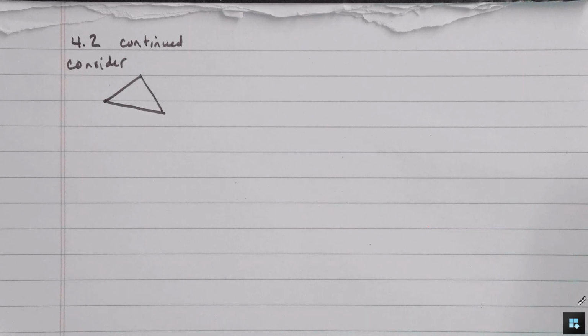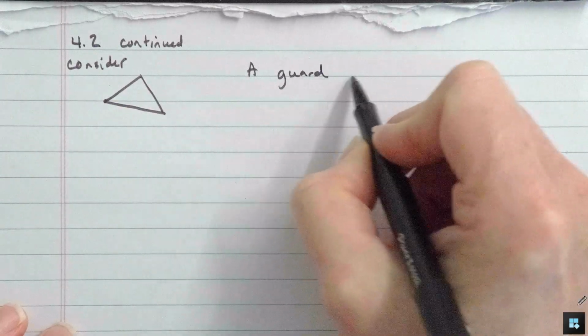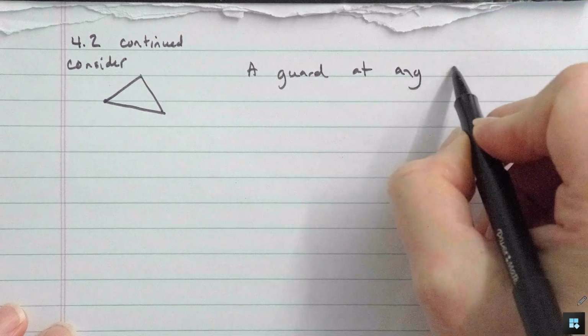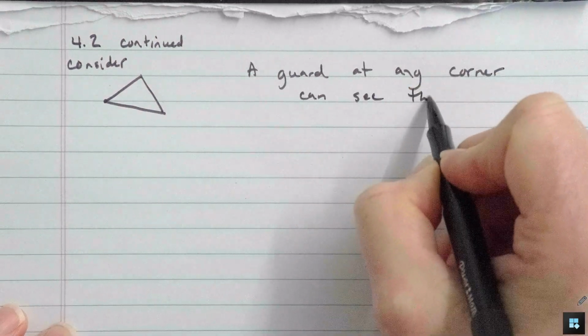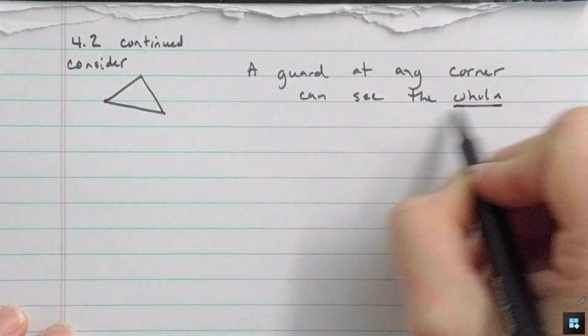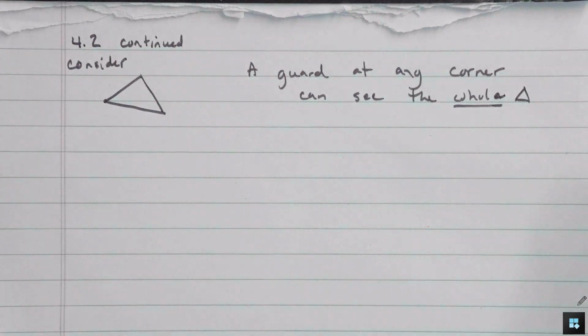Yeah, just 1. You can see that. In fact, it wouldn't even matter which corner the guard stood at. A guard at any corner can see the whole triangle interior.